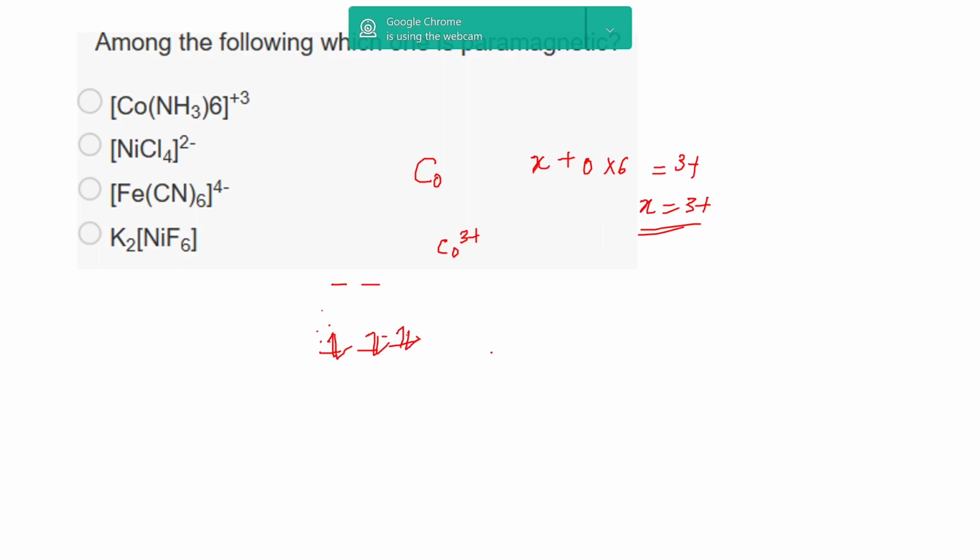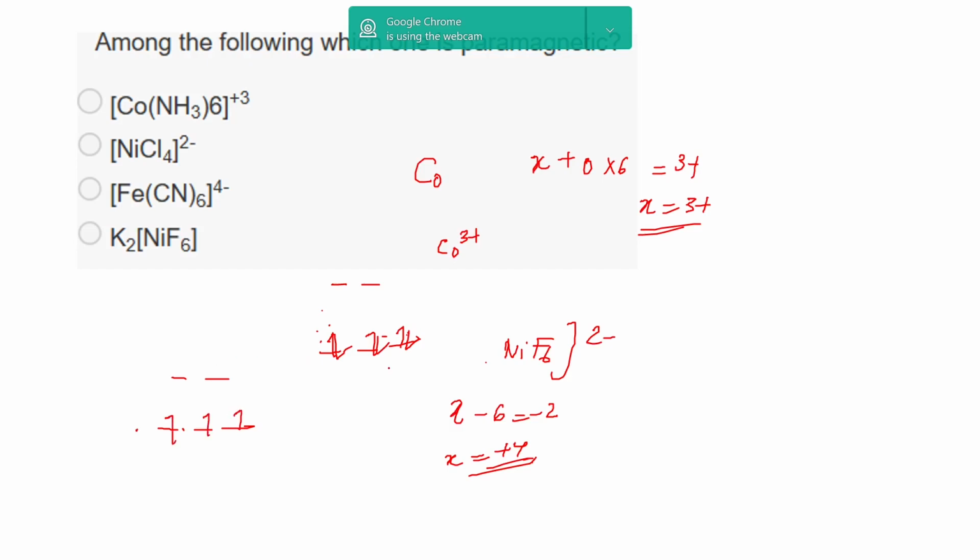What about the oxidation state of nickel in the last option? Plus 4. So I'll solve NiF6 2 minus. x minus 6 is equal to minus 2, so x is equal to plus 4. This is also a weak field ligand, and it is octahedral in nature, so t2g and eg are there, and first it will be singly occupied.